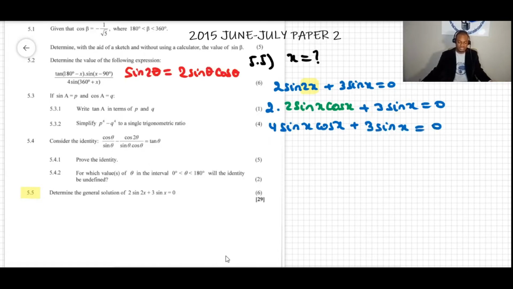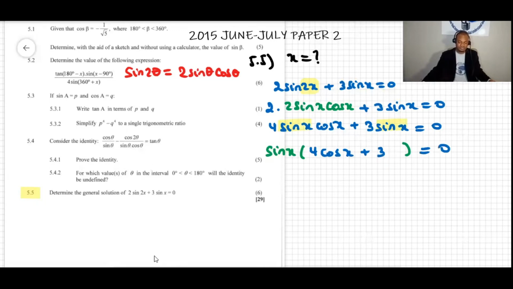Now we notice that we have 2 terms here, this term and another term here, 2 separated terms. Terms are separated by the sign plus or minus. So I can take sin x as a common factor because it appears in both, and then this will become 4 cos x plus 3 equal to 0.